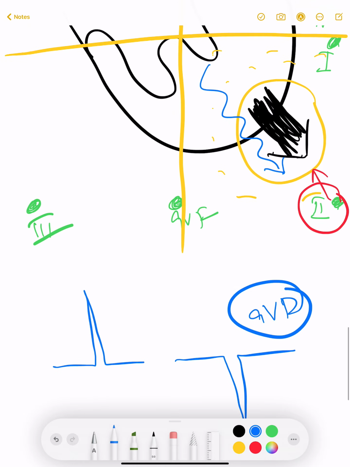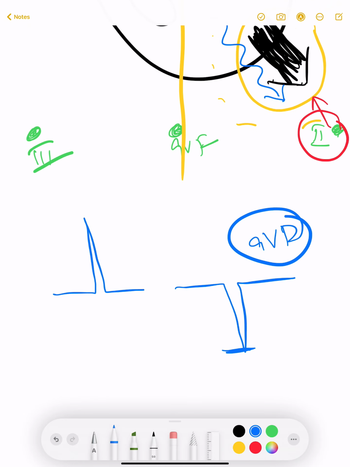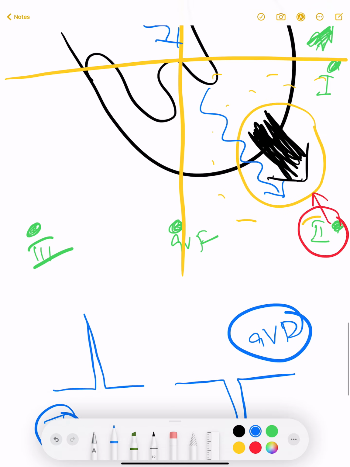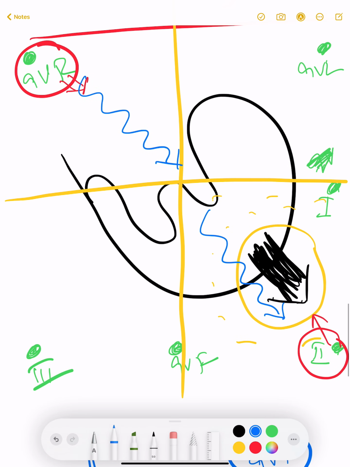We never find a positive QRS complex in AVR as long as the ECG is normal. And that is also the reason that if there is no axis deviation, in lead 2 we always find a positive QRS complex, because lead 2 is directly looking at the cardiac axis and the cardiac axis is directly looking towards lead 2.